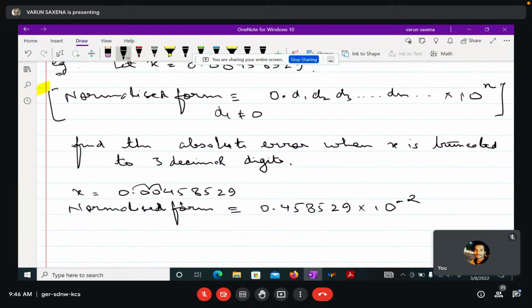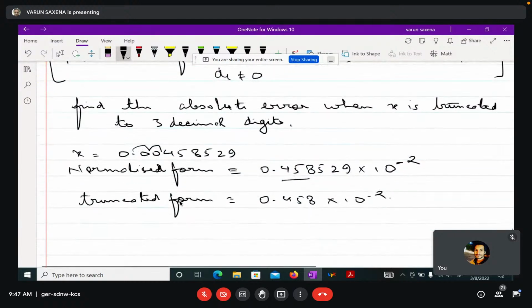Now I'm telling you that we will truncate it to 3 decimal digits. Remember, I'm saying we will truncate it to 3 decimal digits. So the 3 decimal digits are these digits here, right? So that means the truncated form is going to be 0.458 into 10 to the minus 2.